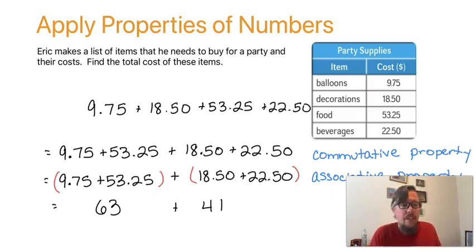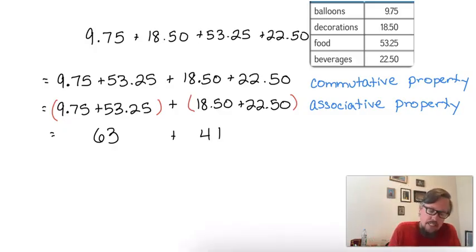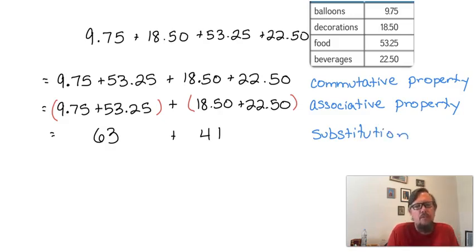So what did we do here that allowed us to replace the $9.75 plus $53.25 with $63 and to do the same thing for the second set of parentheses? If you replace some numbers with something else, that is called substitution. We are replacing $9.75 plus $53.25 with $63. That's substitution.